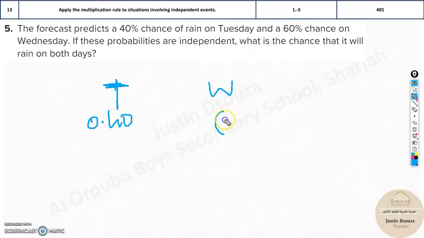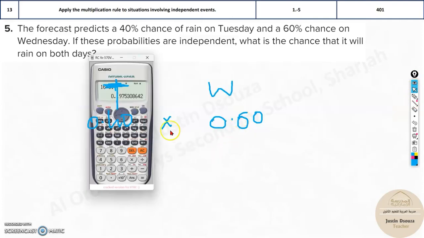It's 60%, that is 0.60. What is the probability, if these probabilities are independent, not dependent on each other, that both days there'll be rain? Just multiply these. That's it. Now we can use multiplication over here.